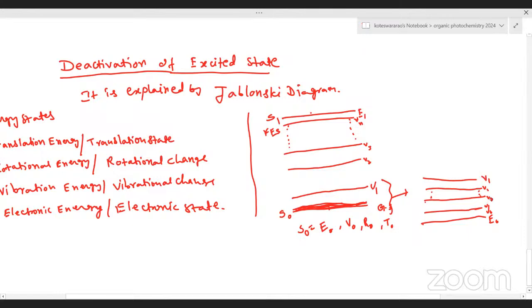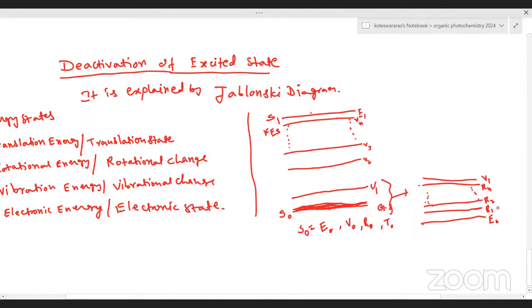Sorry, rotational levels. Right. This is the R1, R2, and so on. The rotational level Rn. Okay.